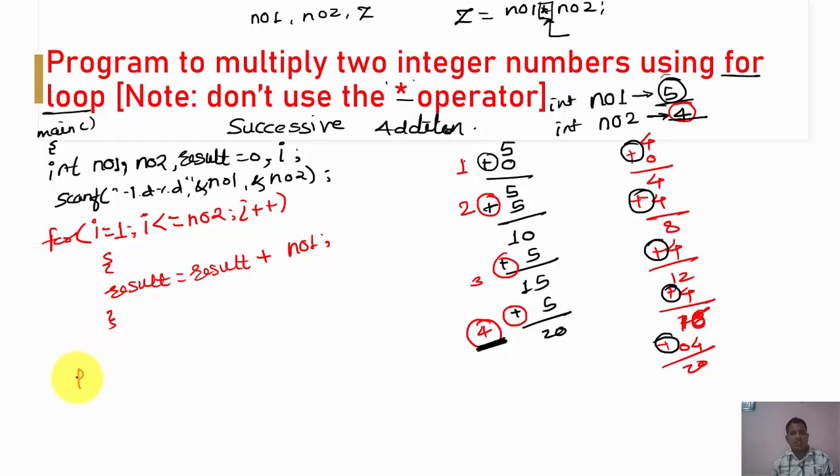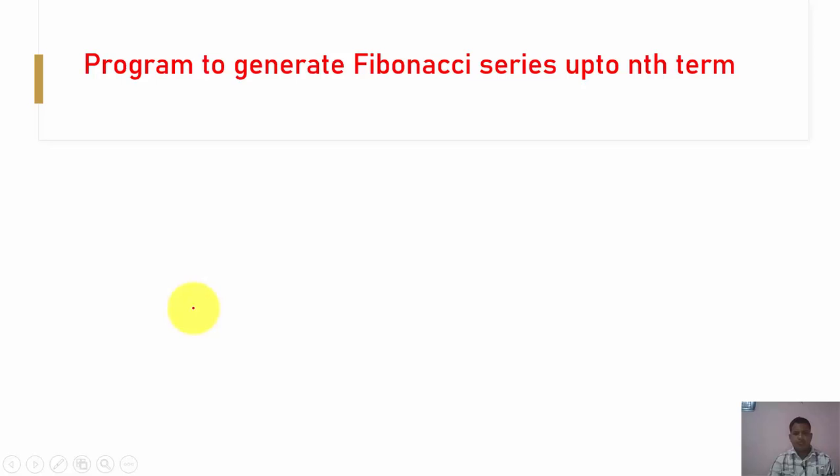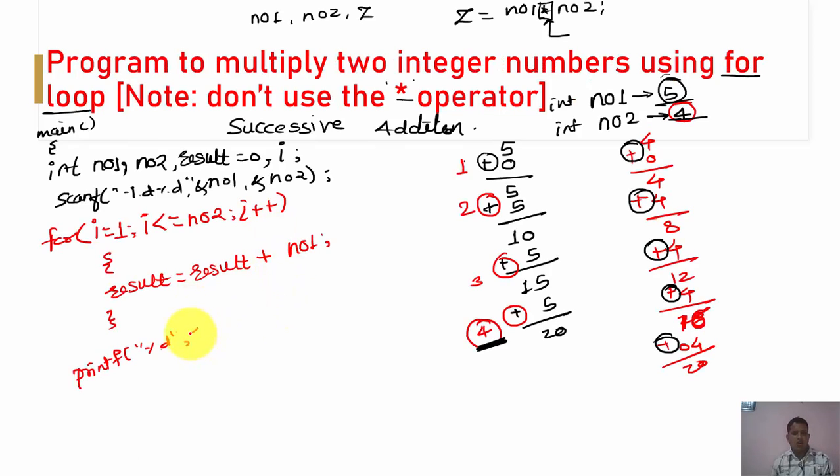Okay, and finally printf, %d, comma, this result. Okay, right?